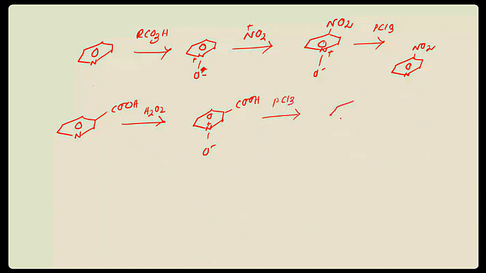If we use PCl3, then one Cl will come here, and we were supposed to write another N-oxide, but we know that PCl3 can remove this.